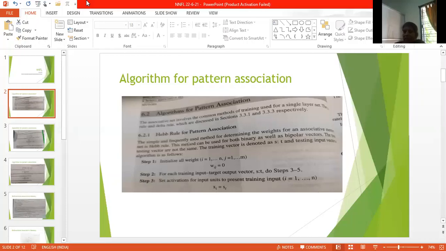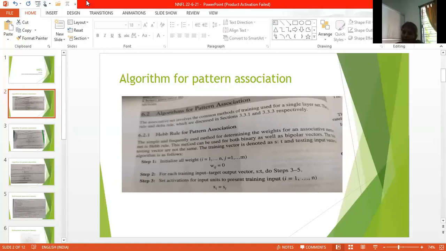The associative nets are basically of two types. If the input vector pair is the same as the output vector pair, it results in an auto-associative net.